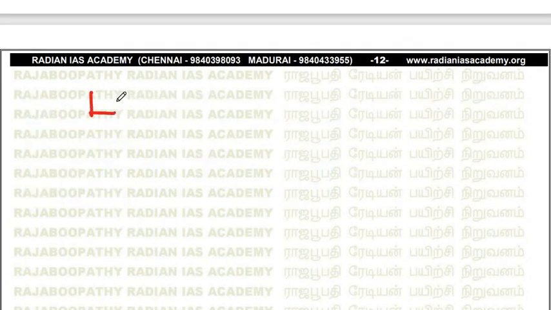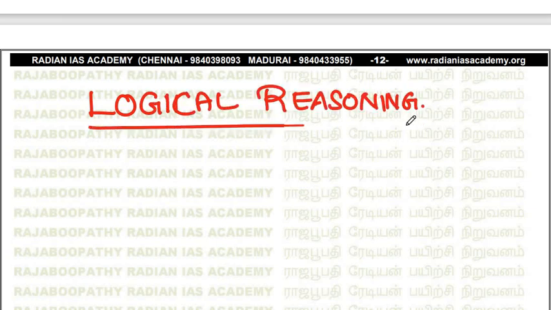Logical reasoning is most important. I will give you the basics of logical reasoning. Logic. What do you mean by logic? Using our reasoning skill. Only humans have reasoning skill. Computer is an idiot box. No reasoning skill for computer. If a computer thinks, the research is going on, it is AI.